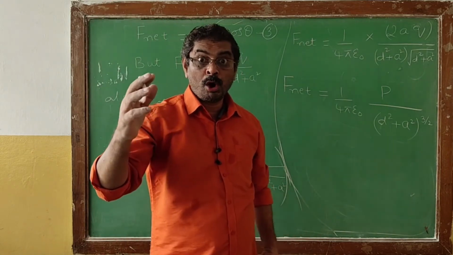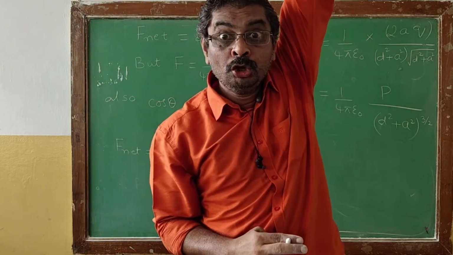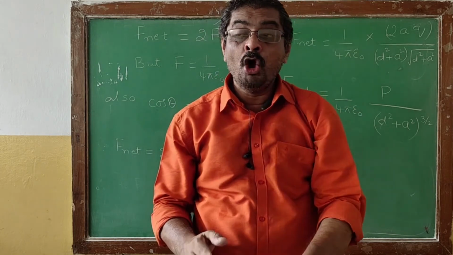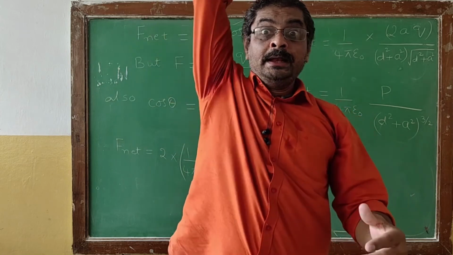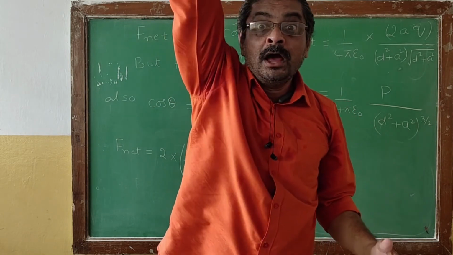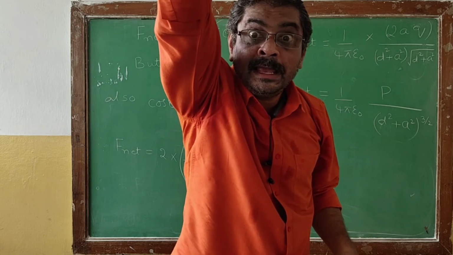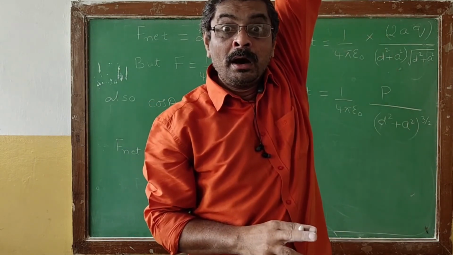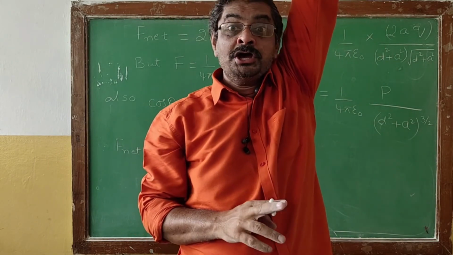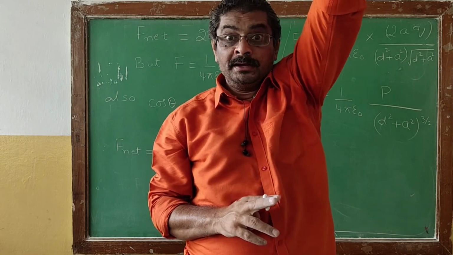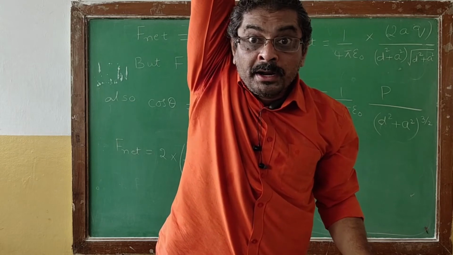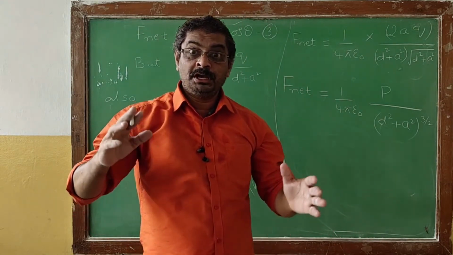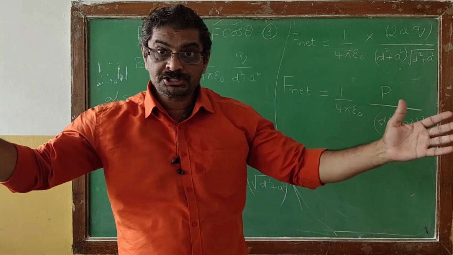But remember, what we need to find is the electric field on the equatorial line. And remember, by definition, the electric field intensity will be numerically equal to the net force that will be experienced by the unit positive charge.